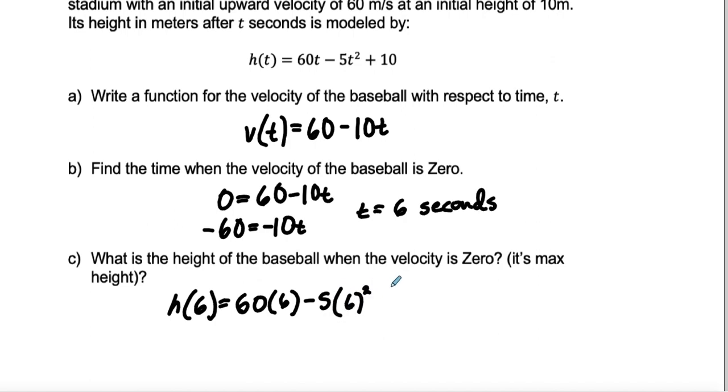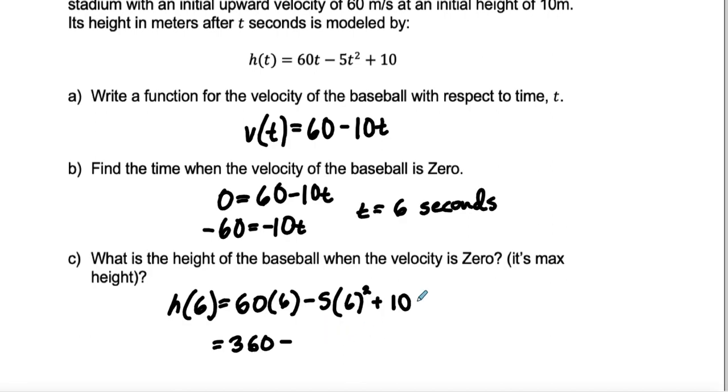So we're going to have 6 squared plus 10 here at the end. So 60 times 6, that's going to give us 360. And then we have 36 times 5, and I always think of this as like 30 times 5 would be negative 150.